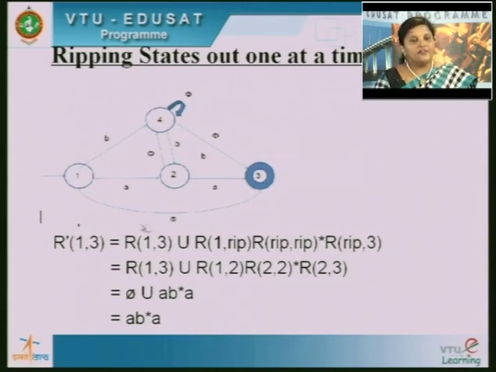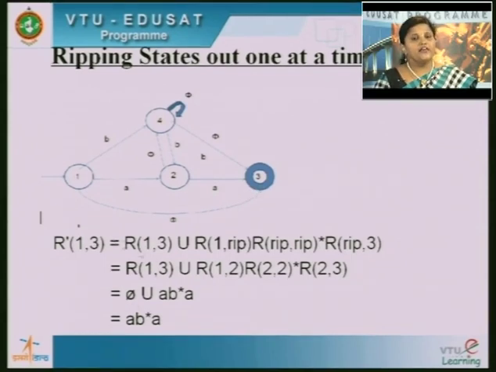Since the transition from 1 to 3 was not there, we have added it as phi. That will be union R of 1 to 2, which is A, and rip to rip, which is B. Actually, your self loop is missing, it is B. So, we will write B star here, and then from 2 to 3 we have A. So, A will be written.